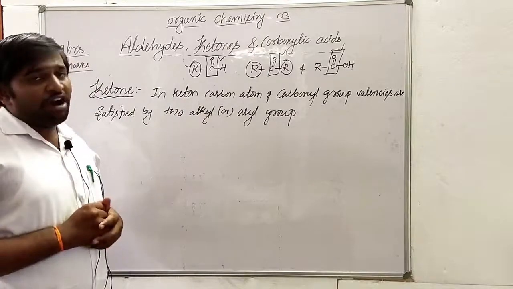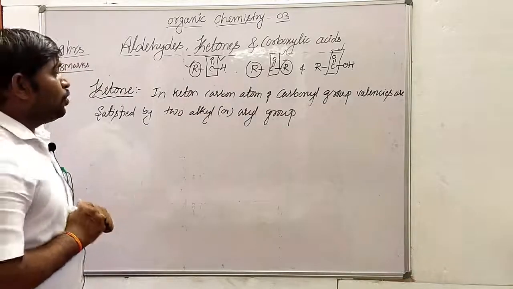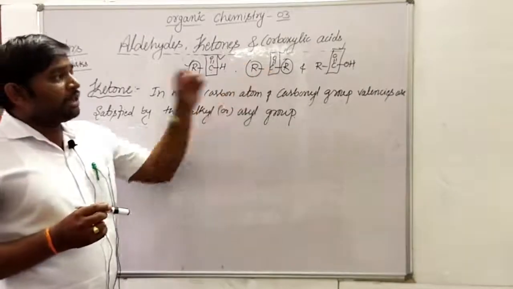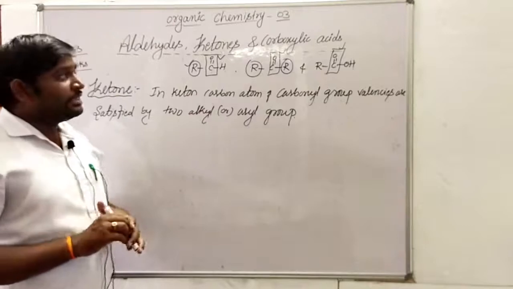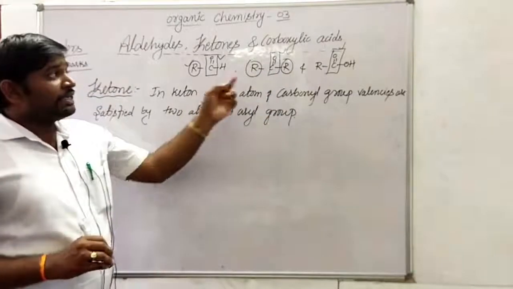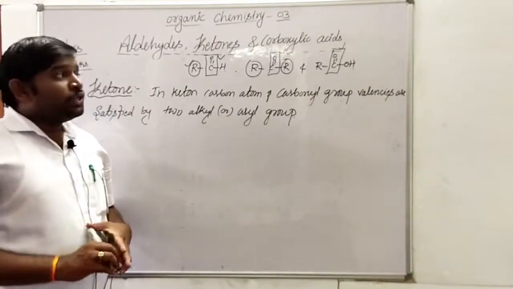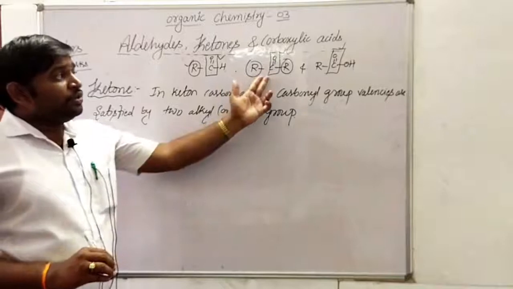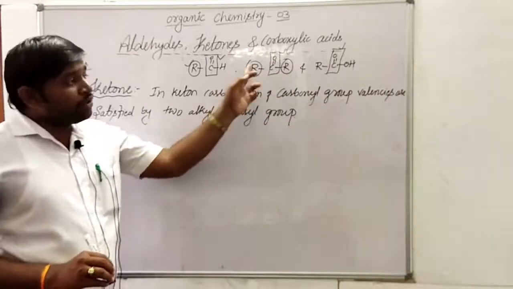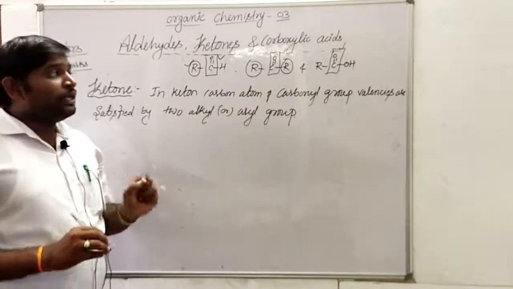Such compounds are always called ketones. If the same kind of alkyl groups are substituted on the two valencies of this carbonyl carbon atom, or two aryl groups are the same, then it is called a simple ketone or symmetrical ketone.